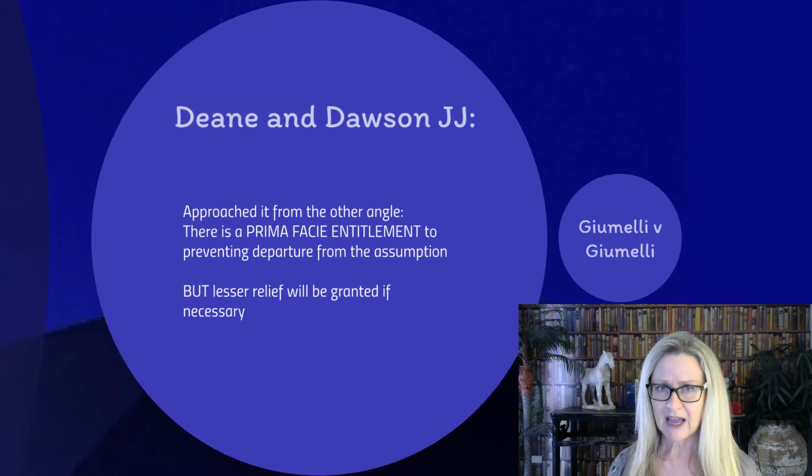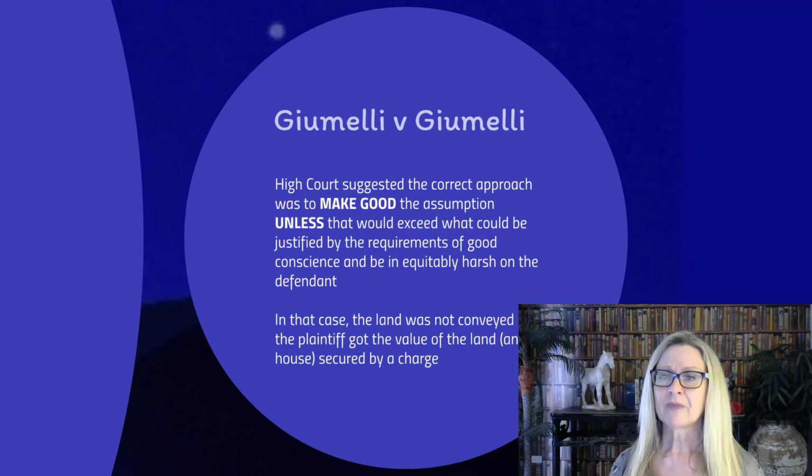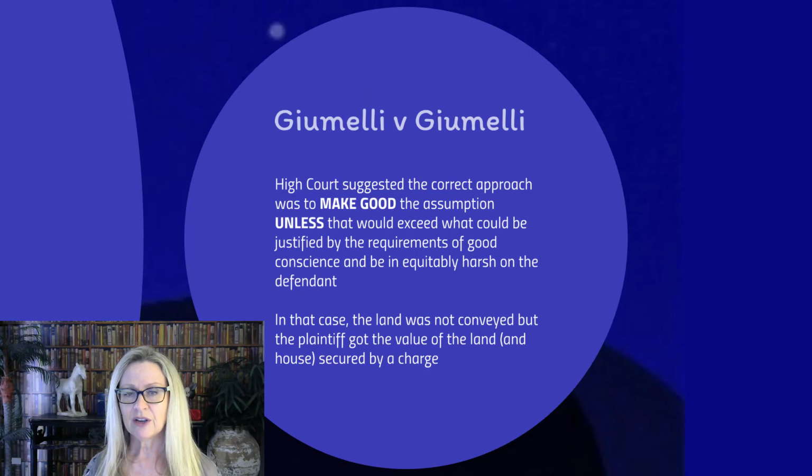The High Court had a chance to revisit that issue in Gemelli and Gemelli, and they actually followed the dissentients in Commonwealth and Reliance. So they said the correct approach is to make good the assumption unless that's going to exceed what could be justified by the requirements of good conscience and be inequitably harsh on the defendant. So in that case, it was a family dispute over land.